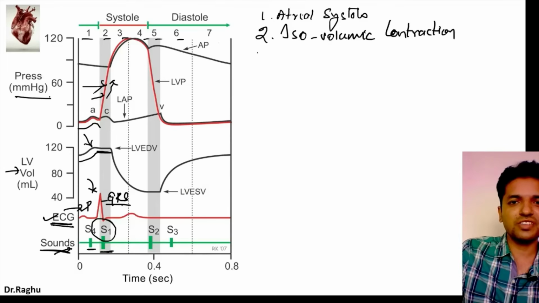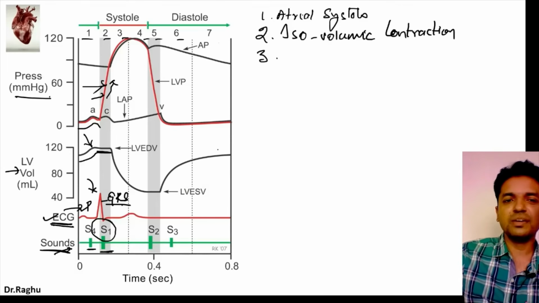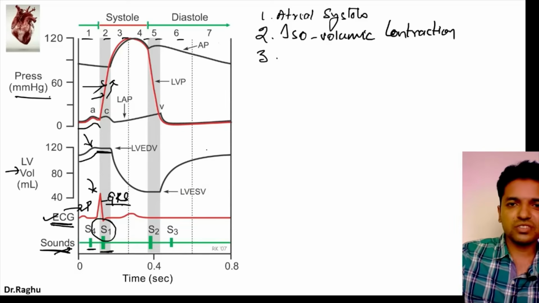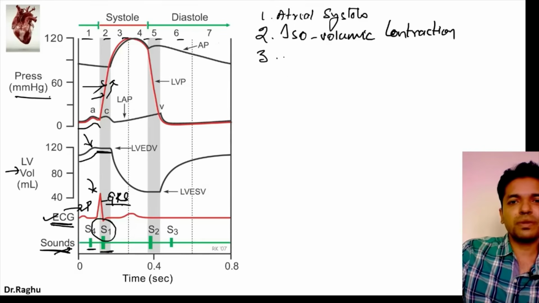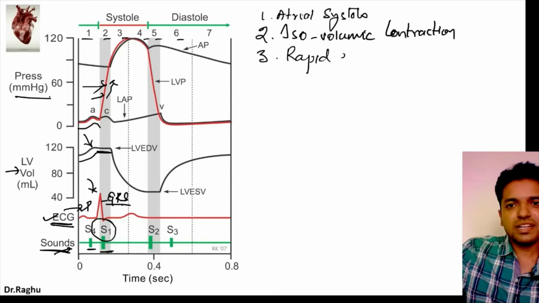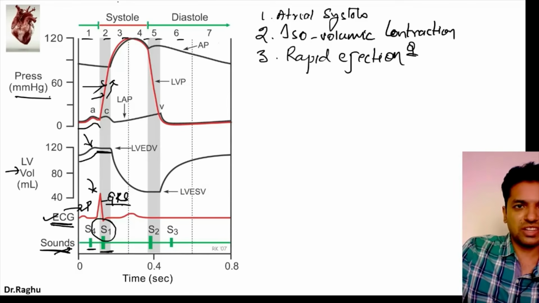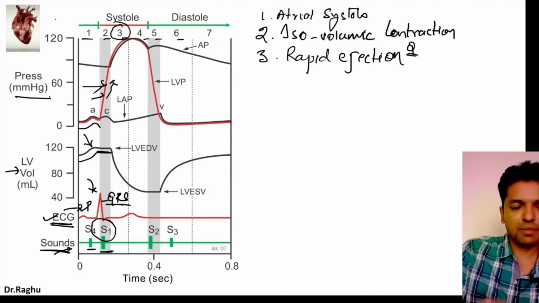Now, after the isovolumic contraction phase, pressure inside the ventricle increases so much that it causes opening of the semilunar valves. As soon as the semilunar valves open, the blood is rapidly ejected outside. This is called the phase of rapid ejection. That is the third phase. What happens in the phase of rapid ejection?